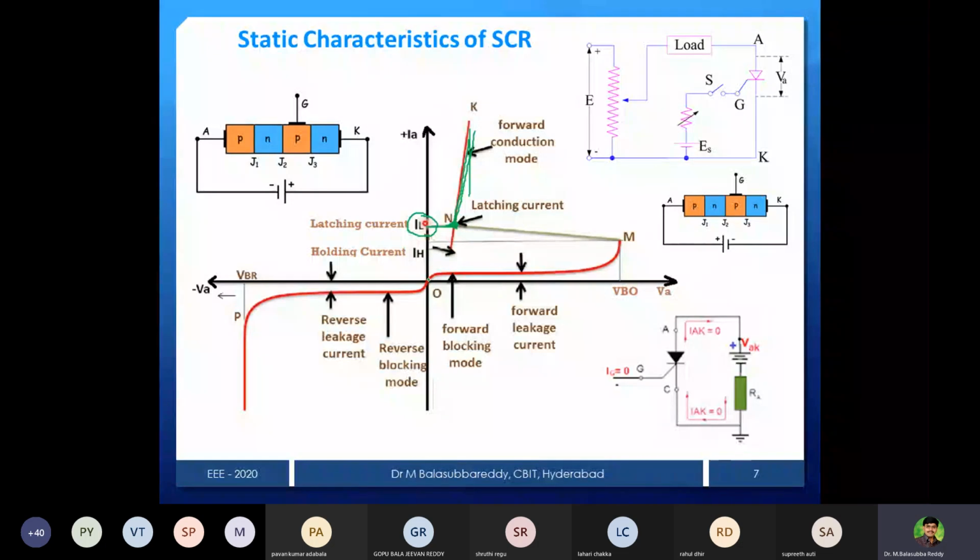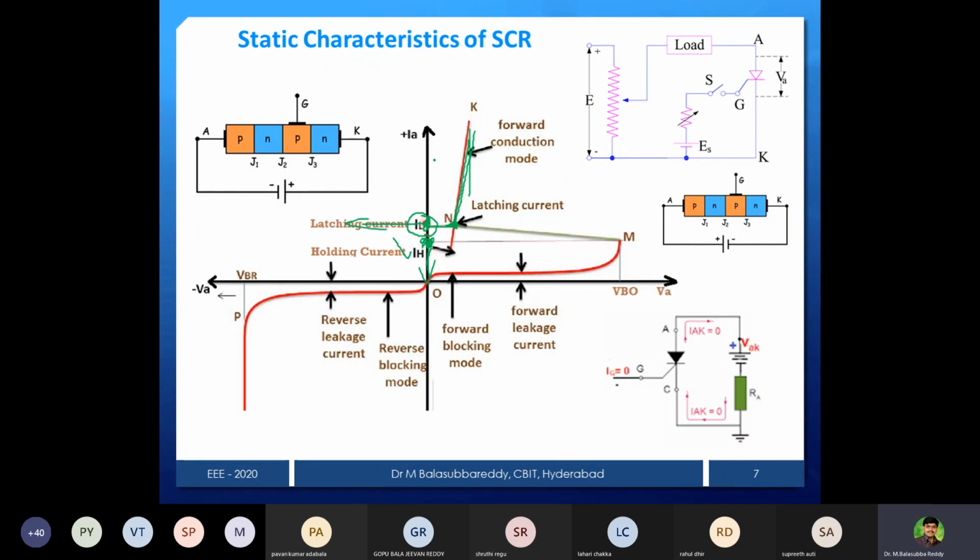Anyhow, I will explain the gate case also. The other one is the holding current. It is the minimum anode current below which the device will turn off. So this is the border: below this IH it will be off, and to maintain the on state this much is required.